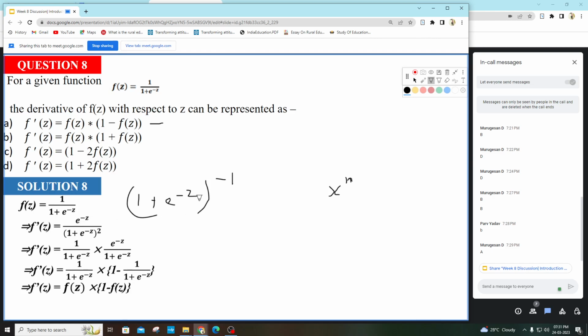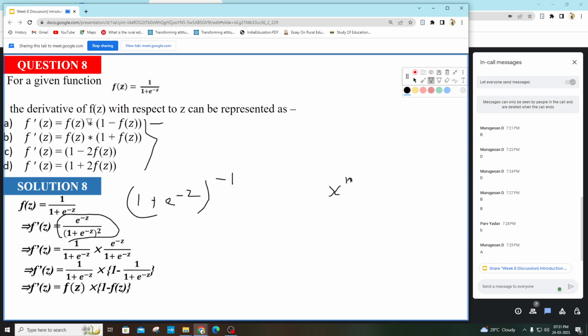Now e to the power minus z also we have to differentiate, so that gives e to the power minus z into minus 1. So you will be getting e to the power minus z at the top, divided by (1 plus e to the power minus z) whole square.